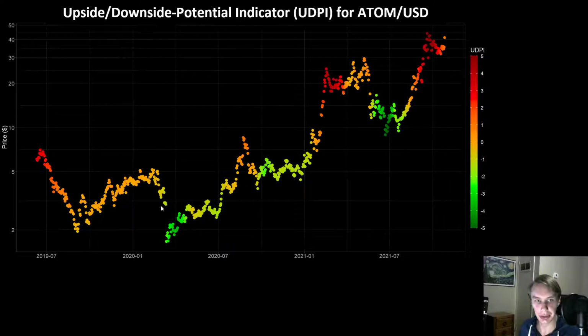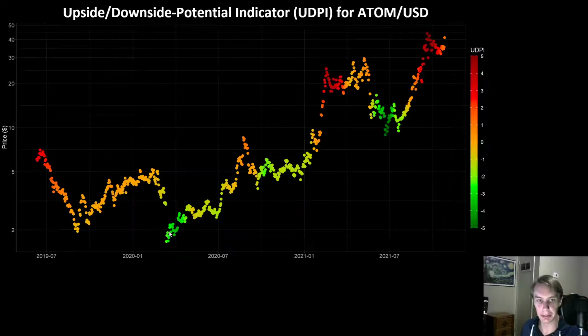What you can see is that throughout Atom's history, the UDPI has done a pretty great job at calling out these high risk zones, these points where Atom had really tapped out its upside potential and didn't have much further that it could rise, as well as points where Atom has been quite low risk, where its downside potential was minimal and its upside potential was substantially greater.